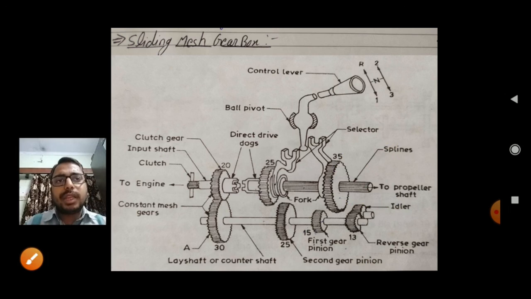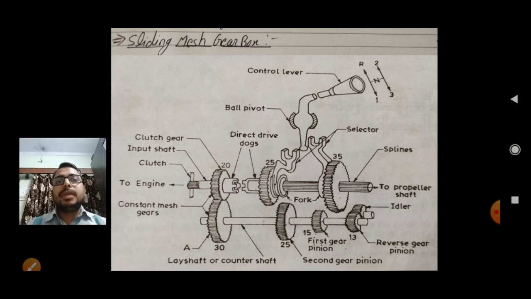This is the full working of the sliding mesh gearbox, but there are a few disadvantages, due to which further modifications occurred and different types of gearbox are used, like constant mesh and synchro mesh. Now I am going to tell you the disadvantages of the sliding mesh gearbox. The major disadvantage is the use of spur gears.